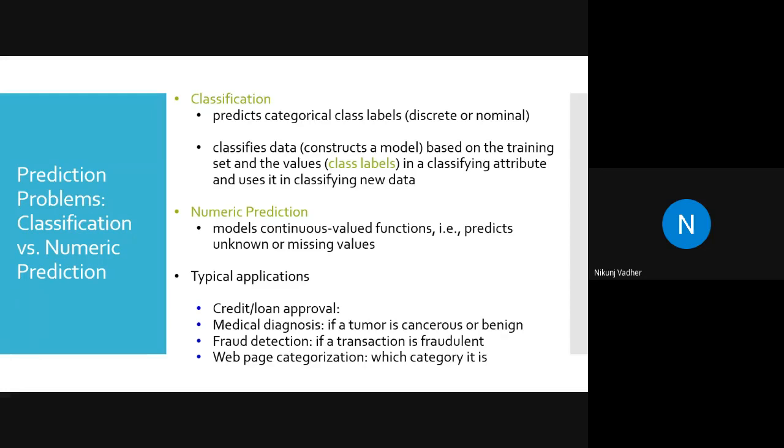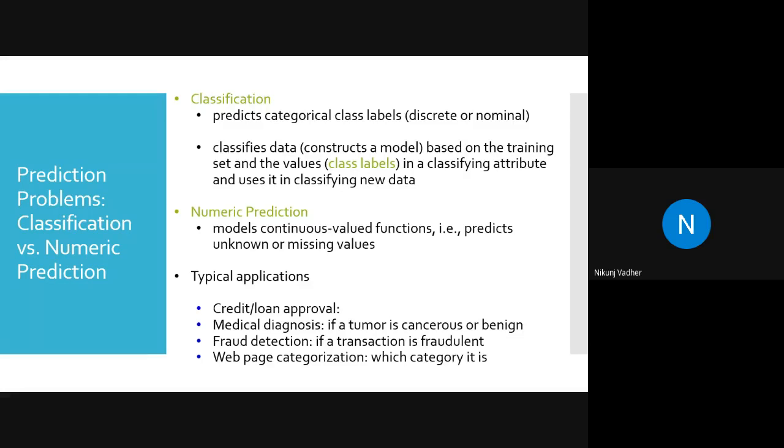So the probability is 90% for the label computer, and that label will be assigned to the particular object. So prediction can be converted into classification, but classification cannot be converted into prediction.